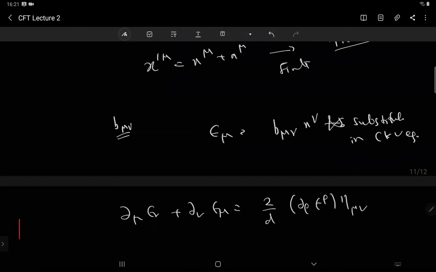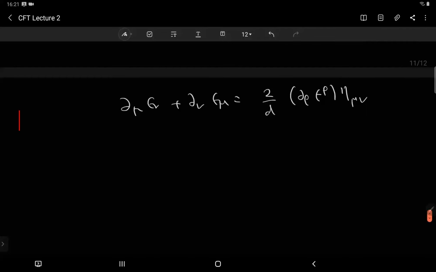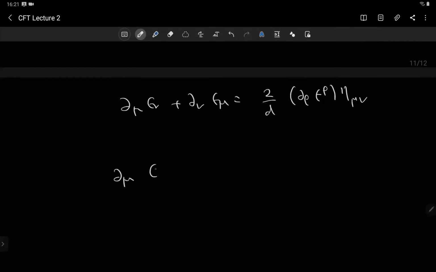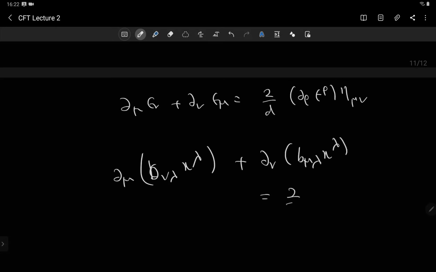Just substitute epsilon to be B mu nu x nu and then see what you get. So del rho epsilon rho, we can write this as B rho lambda x lambda, because you can raise and lower indices, times eta mu nu.